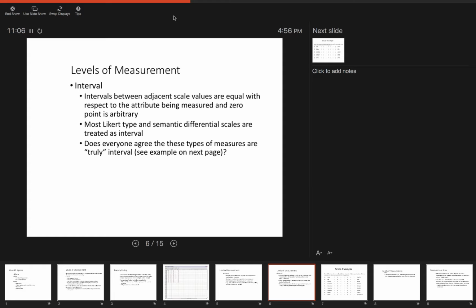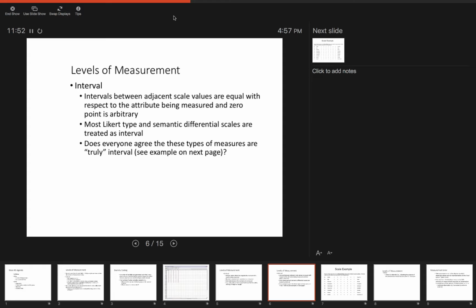And so it leads to this somewhat confusing, probably at best, problematic, some people might say, or concerning, some people might say, at worst, practice that we oftentimes see in the social sciences, that we have a Likert or Likert type scale or a semantic differential scale, and we treat that as if it were interval level data.